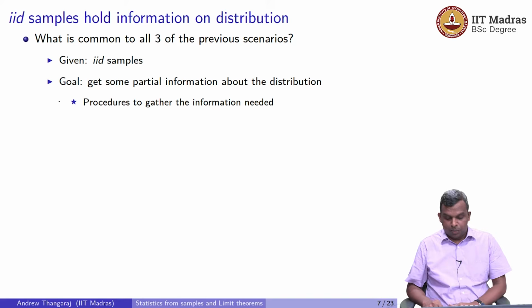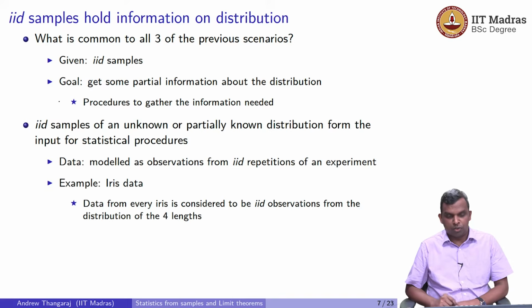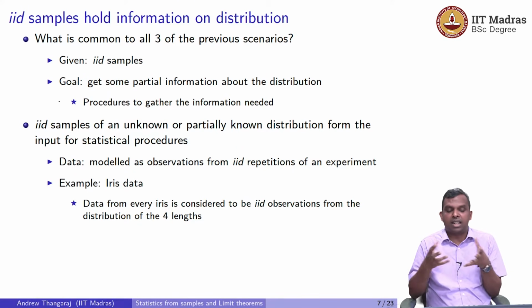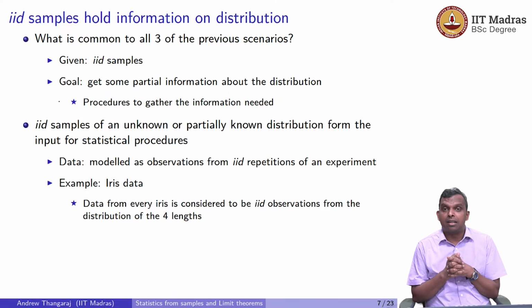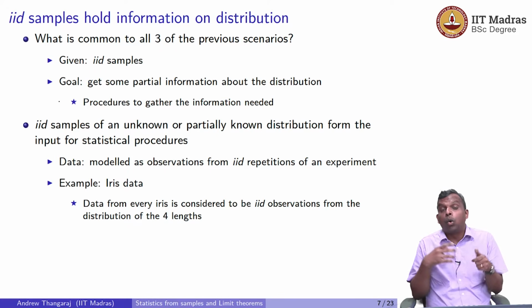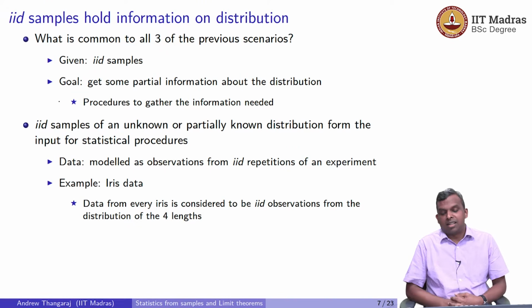Okay, so this is common to all the three procedures that we saw before, and this one can sort of generalize, and that becomes a typical statistical procedure and problem. So data that you obtain is usually modeled as observations from i.i.d. repetitions of an experiment, and then your goal is to glean some statistic from that data.